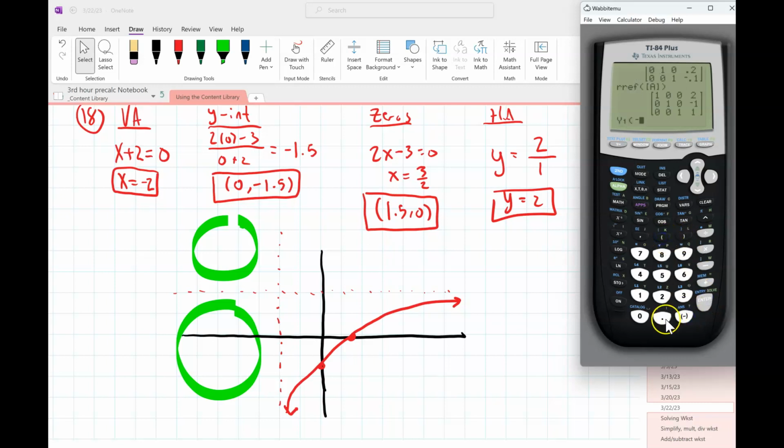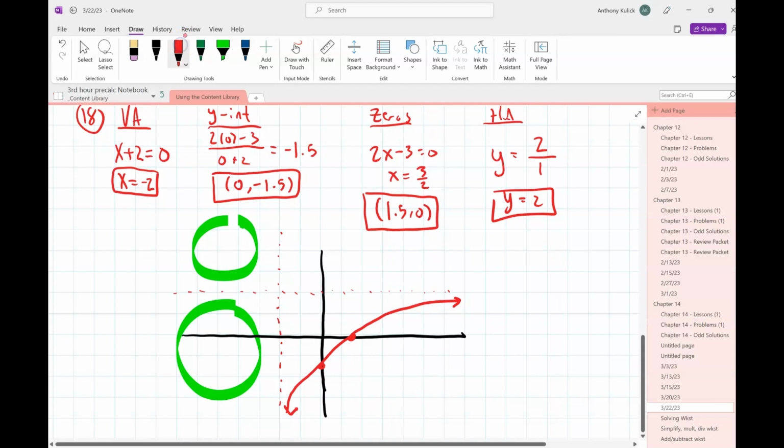And I'm going to pick values that are less than -2 and see what happens as I get progressively closer to -2. And I notice that as I'm getting closer to -2, we're getting bigger. So we should be looking like that. And I'm all done.